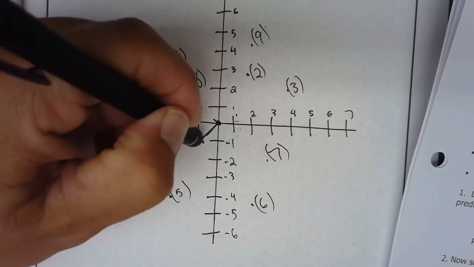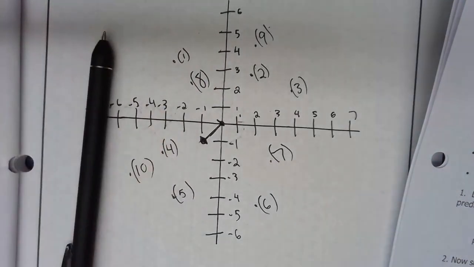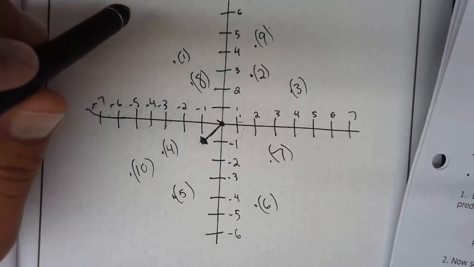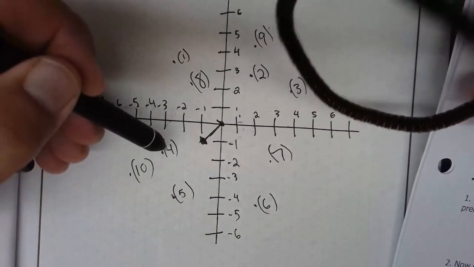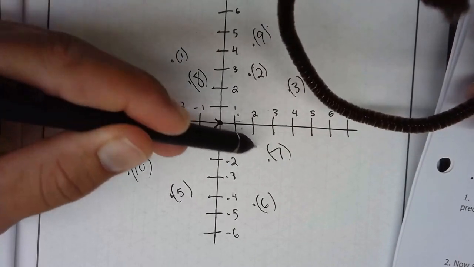So what I'm looking at is my center, and I'm looking at my 3 closest launches. What I see is this one, and maybe this one.